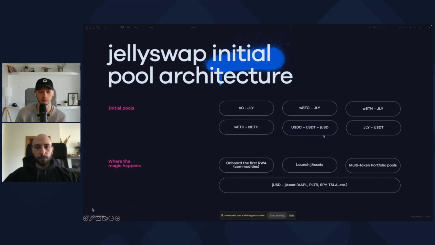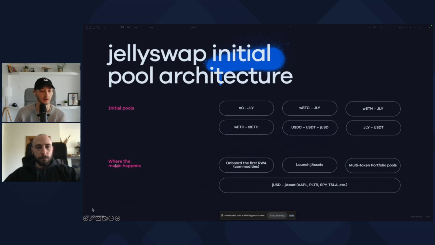This is something that we also want to look into. To be honest, it's not going to be in the very first version of JellySwap. We're just going to start with the weighted pools first, but the stable pool will be available probably in V2 or V1.2, something like this. And then we will look into those pools again.